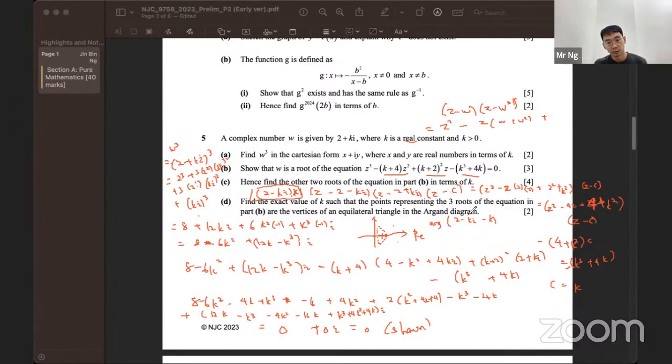So it should form 30 degrees. So 2 minus k should give you 30 degrees.